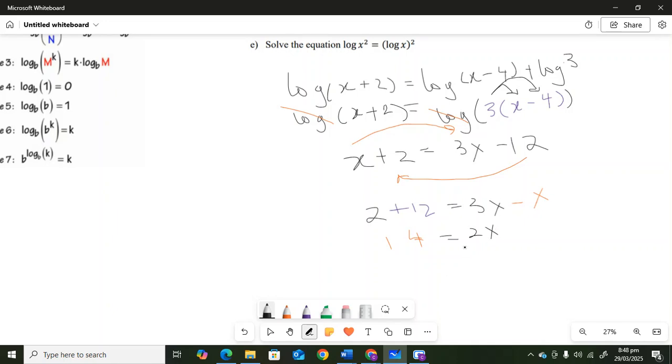To get the value of x, divide both sides by 2. 14 divided by 2, that is 7. So our value of x is 7. Any questions?